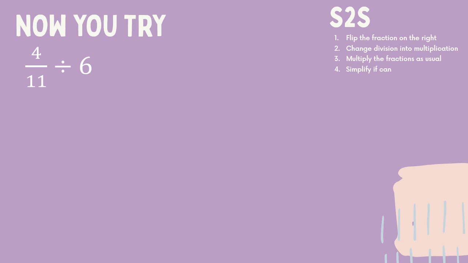And for this example, I think you can use the cancelling method if you're confident enough. If you're not confident, that's okay. You can just multiply the fractions as usual, numerator times numerator, denominator times denominator.